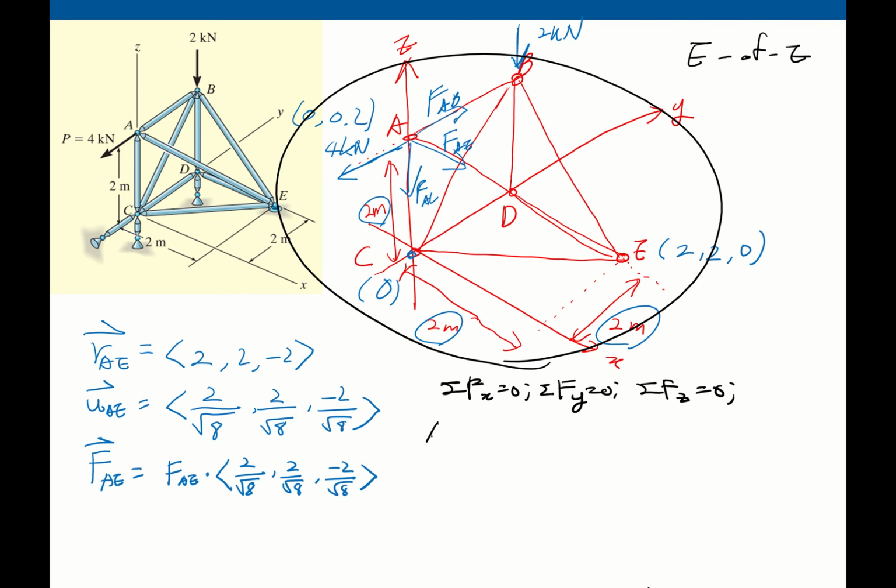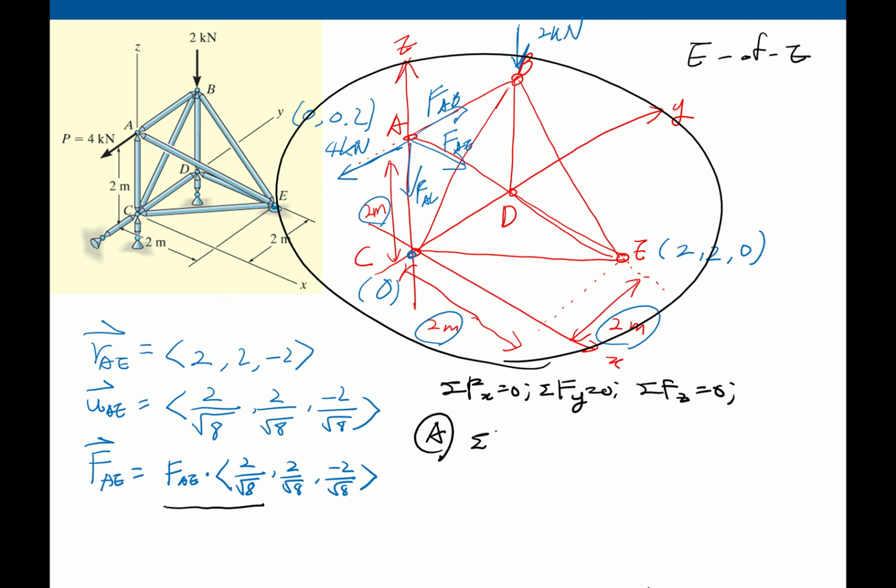So about joint A, for the x-axis force there is only one force associated, which is FAE times 2 over square root 8.